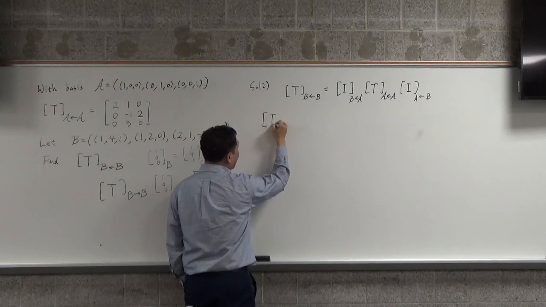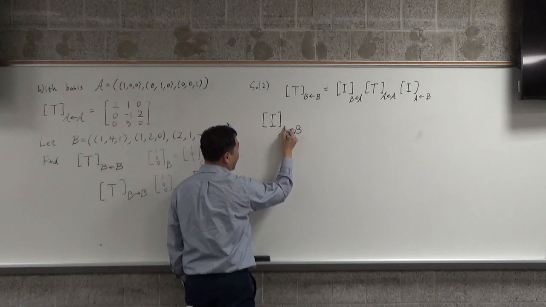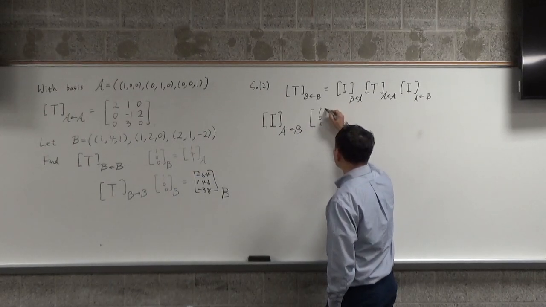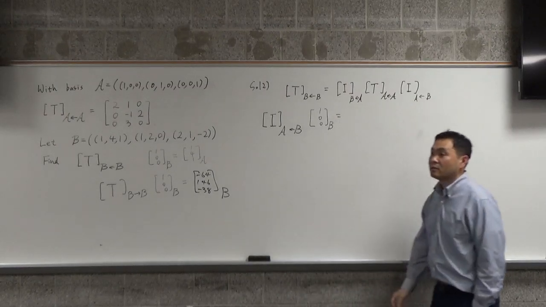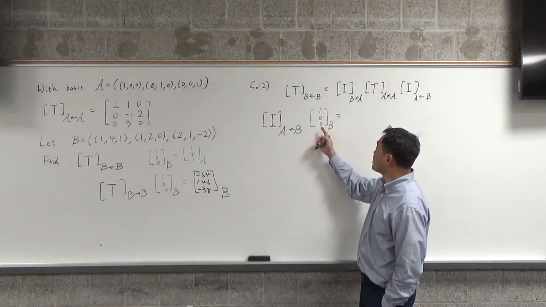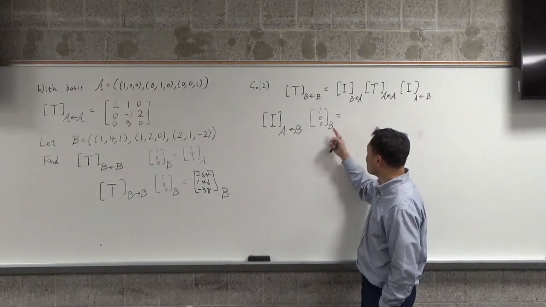let's think about what the identity that takes basis B to basis A is. Well, if you multiply this by 1, 0, 0, basis B, then this just converts this vector into the basis. But what does this mean?